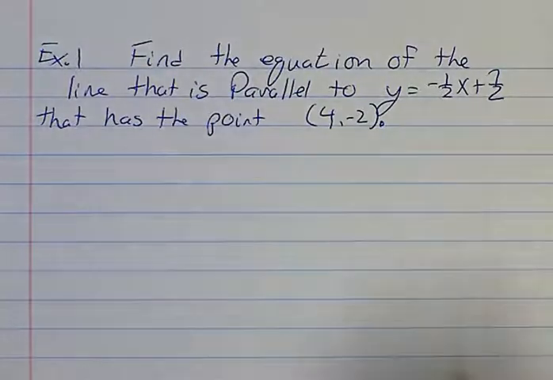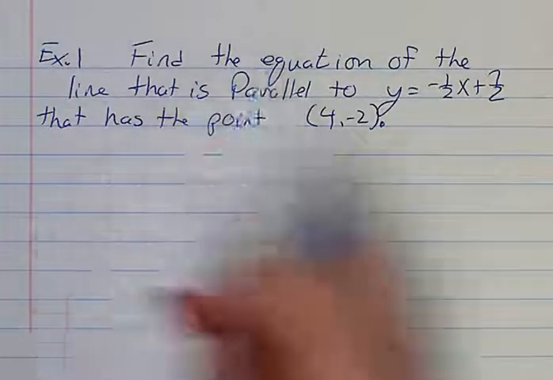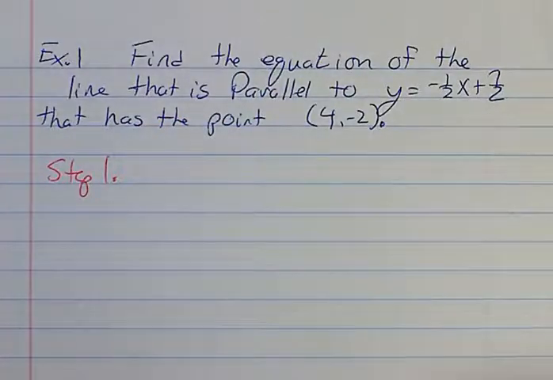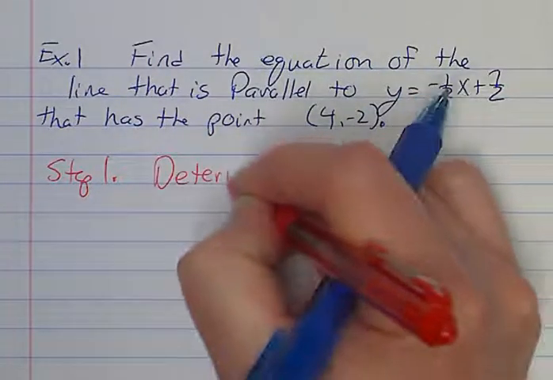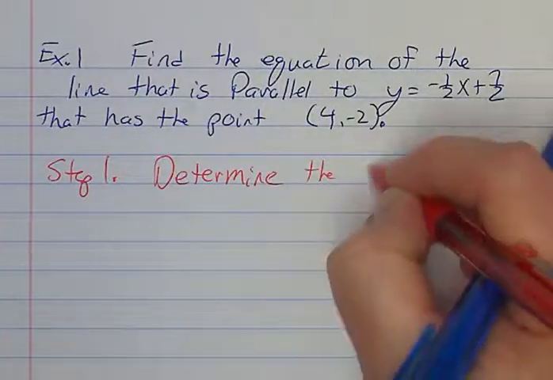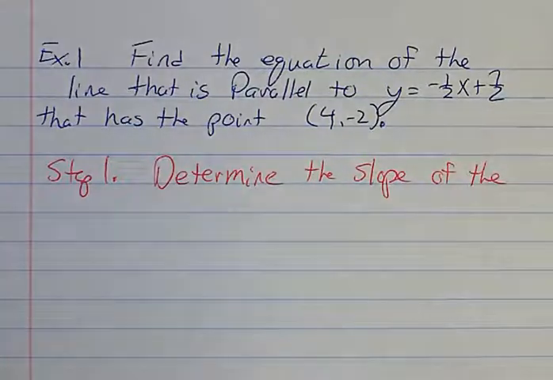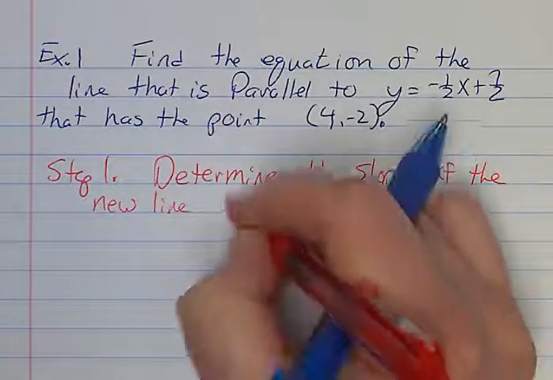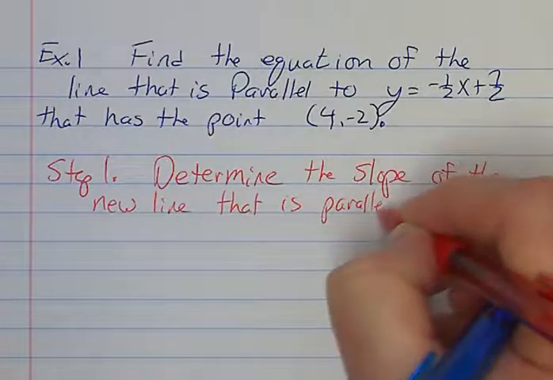Now, I'm going to do this kind of in a general form, and we're going to give you the steps, and then below this we'll come back to this one. So really should have put this first. So step 1. You've got to determine the slope of the new line that is either parallel or perpendicular.